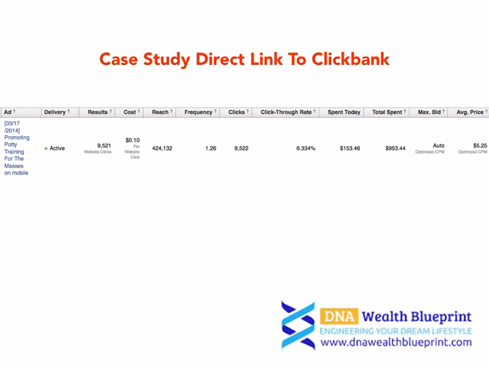You're going to see that my cost per website click is literally 10 cents. You're going to see the amount of clicks that I got. My click-through rate was astonishing, well over 6%. This campaign just took off beyond my wildest dreams because of the elements that I'm going to show you, and what I'm working inside of the ad.